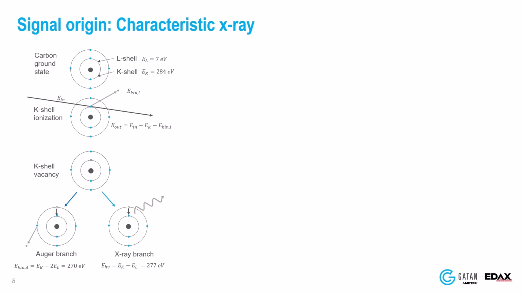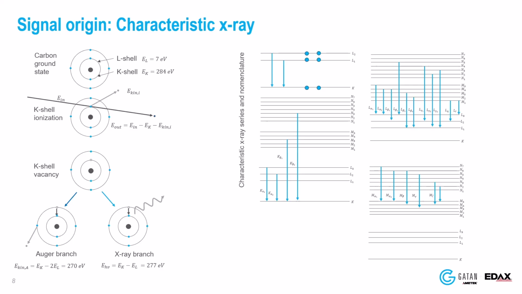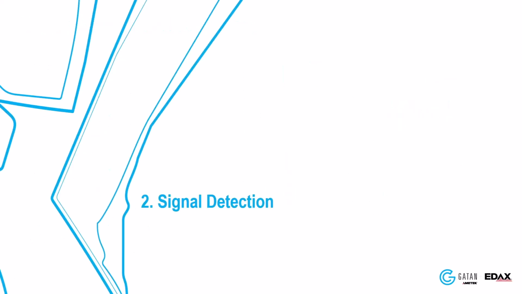For both EDS and WDS, only the resulting X-rays are detected. Depending on the element, different transitions are possible, and so the principles of excitation, signal generation, and the underlying physics are actually the same for both techniques. However, the way these signals are detected is fundamentally different.